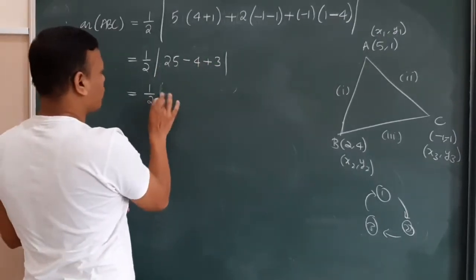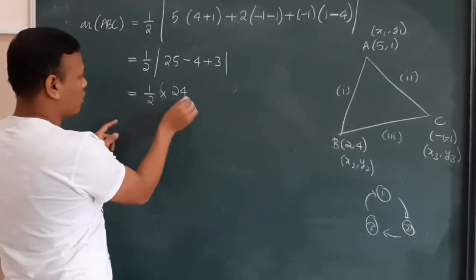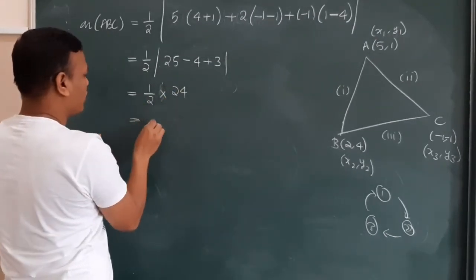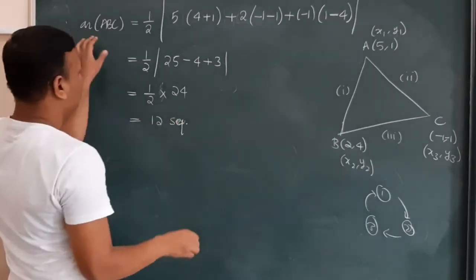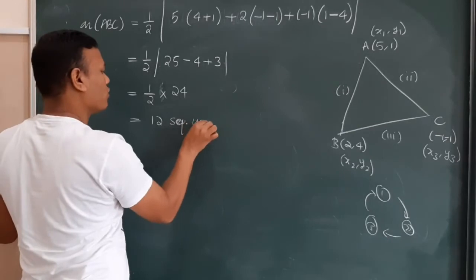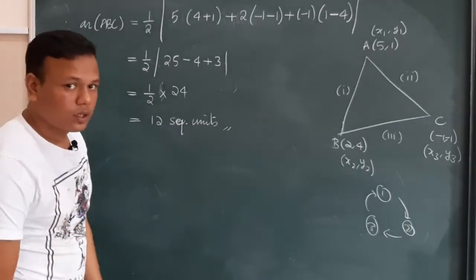This is positive, so that's why I am removing the modulus sign from here. After cancellation, how much will you get? You will get this to be equal to 12. Since this is your area, you will write square units. Therefore the area of this particular triangle turns out to be 12 square units.